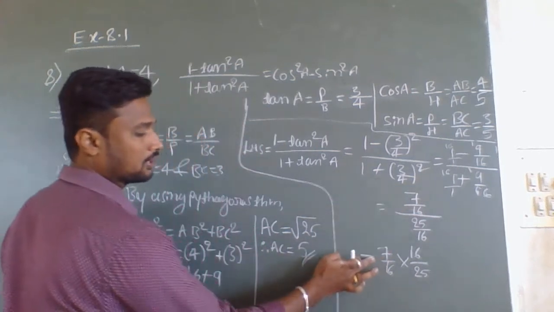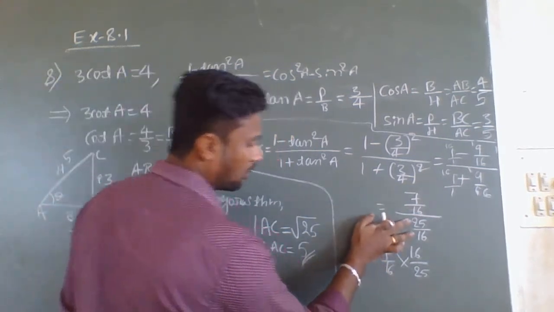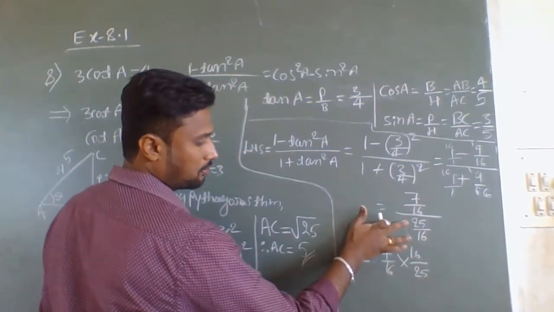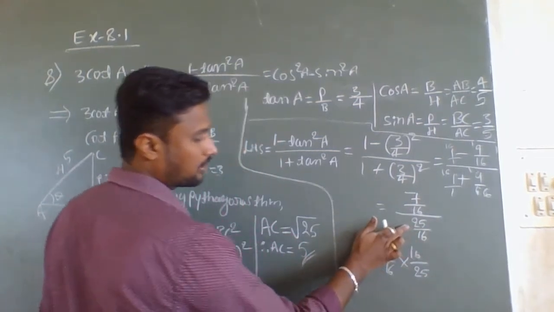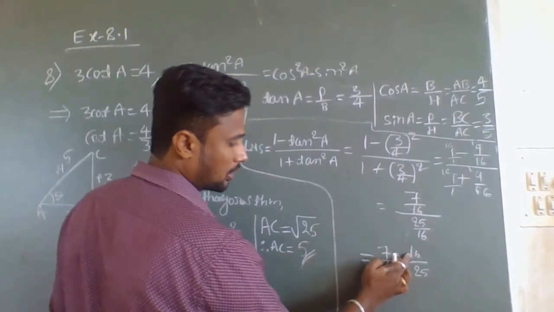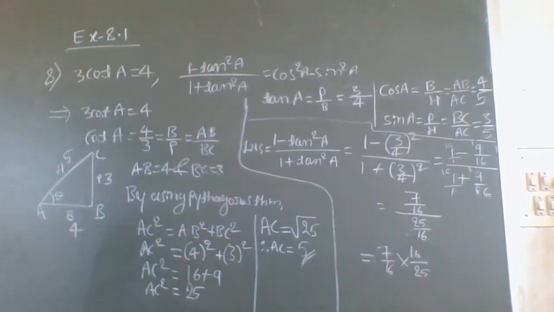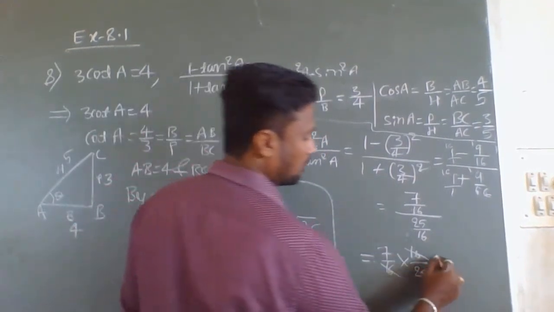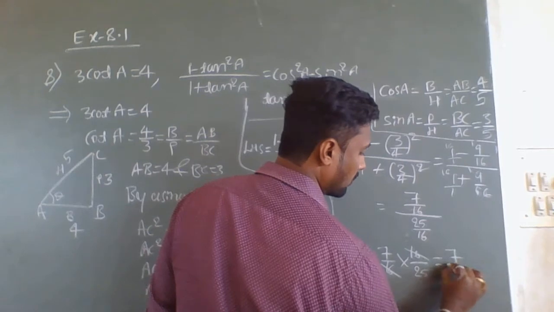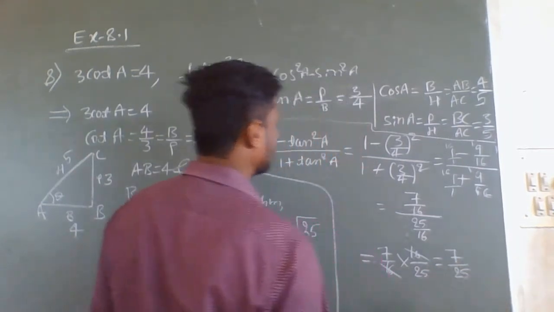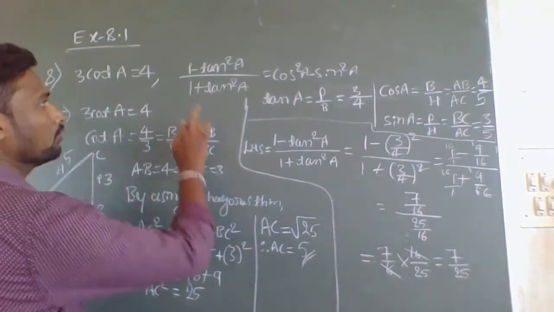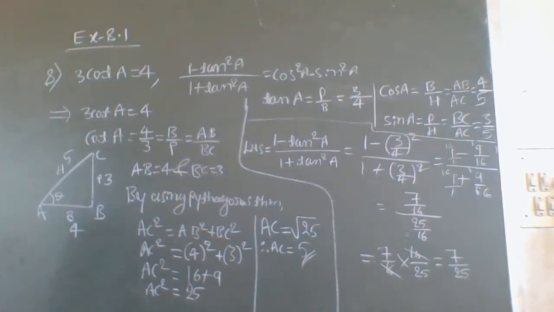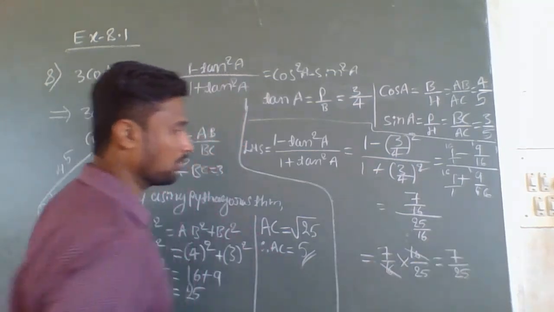See, here I have written 7 by 16, and now I am taking 25 by 16 to the upper side, so we consider the reciprocal of this number, 25 by 16. So it becomes 16 by 25. So now we can cancel 16 and 16. So what we got here? 7 by 25. So this is the LHS value, means 1 minus tan square A divided by 1 plus tan square A equals 7 by 25.